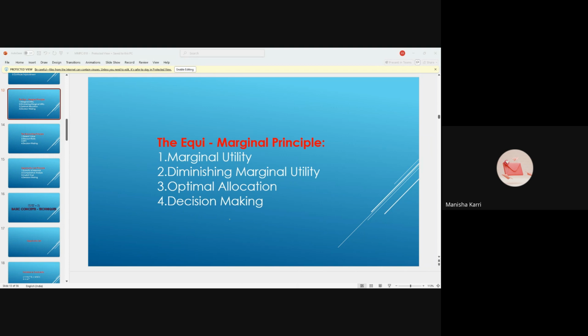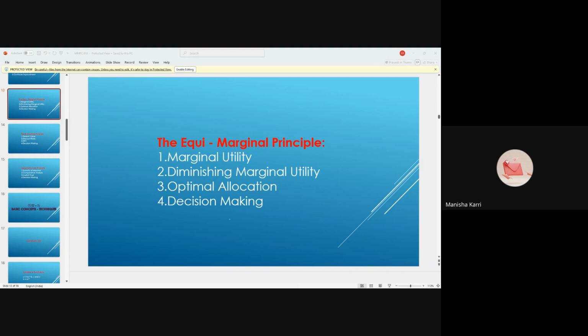Next is diminishing marginal utility. The principle of diminishing marginal utility states that as a consumer consumes more of a good or service, the marginal utility derived from each additional unit decreases. This forms the basis for the equimarginal principle.